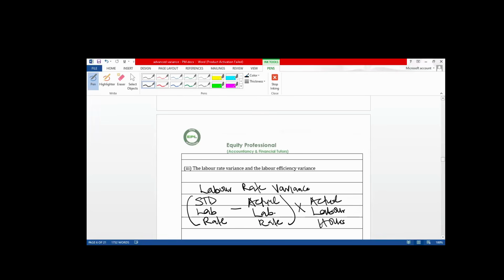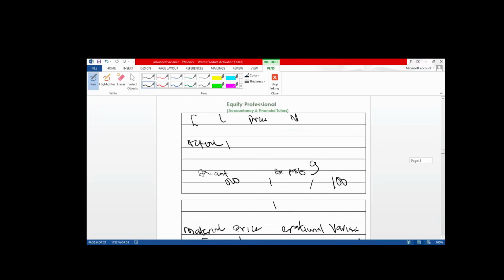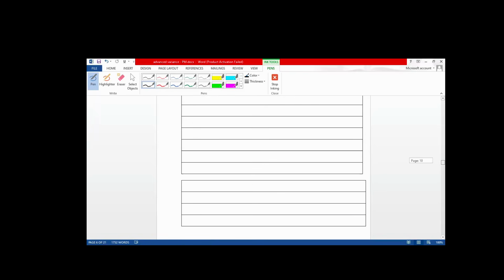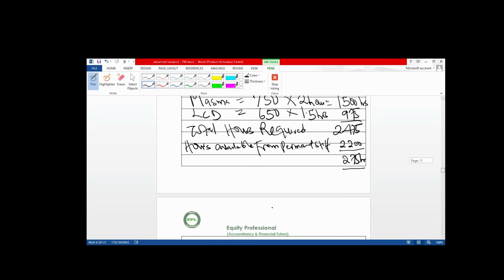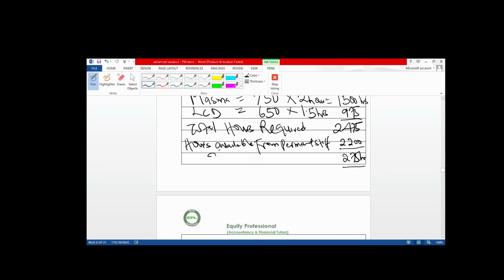Look at it, please. This is the standard hours, standard hours for efficient staff.